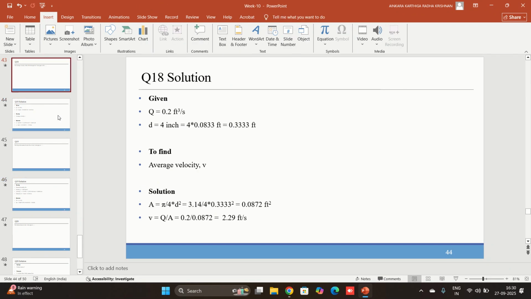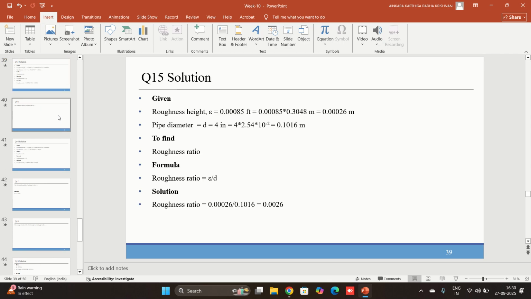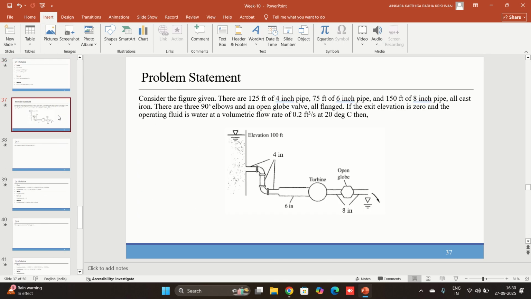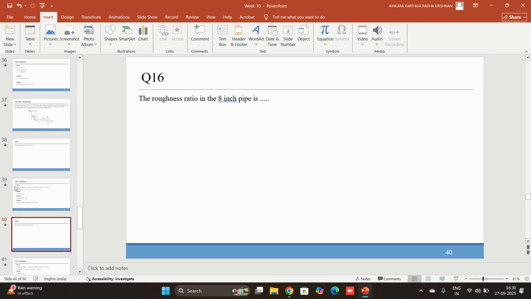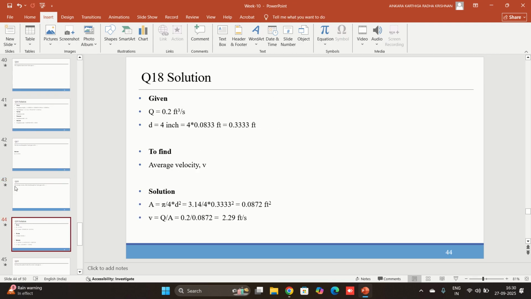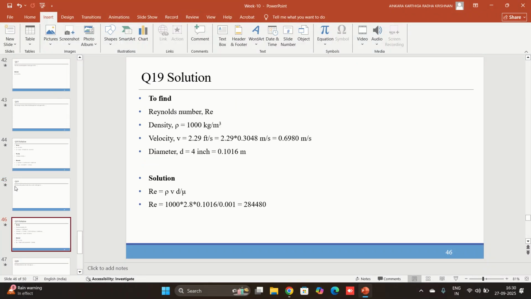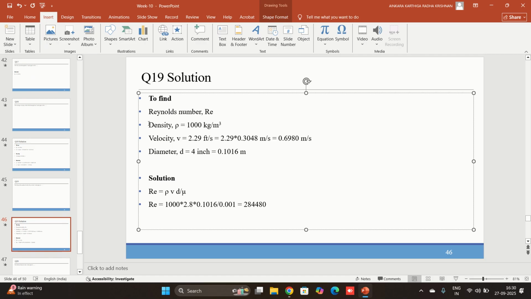In the question, the operating fluid is water, so that's why rho is 1000 kg per meter cubed. I'll mention that here.